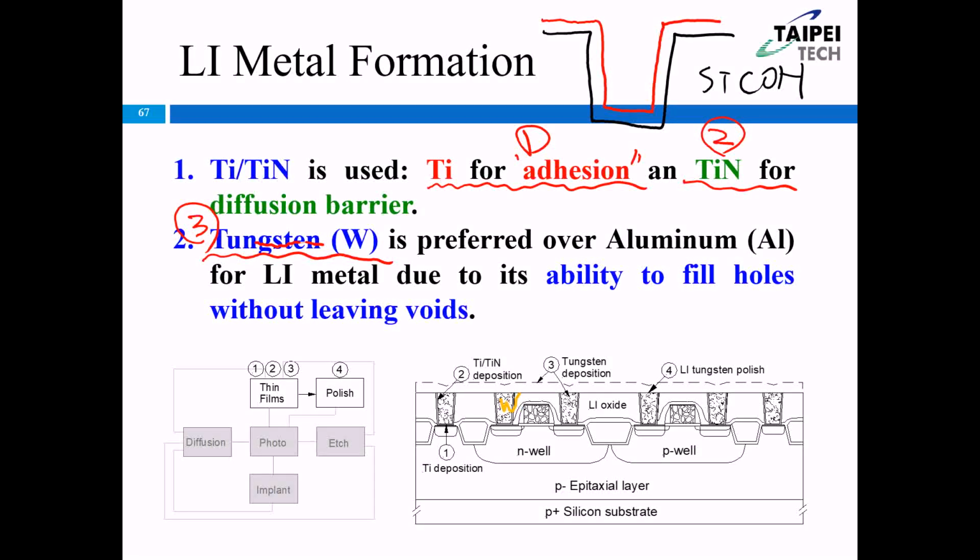This is the concept. If you want to build an adhesion layer, you need to use a pure metal. This concept we will use again. The first one, the adhesion layer, must be pure metal.